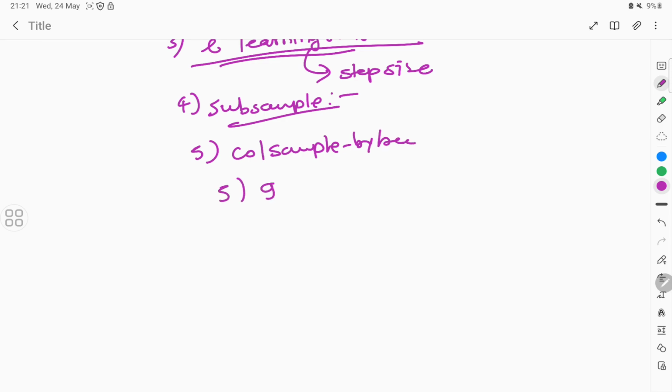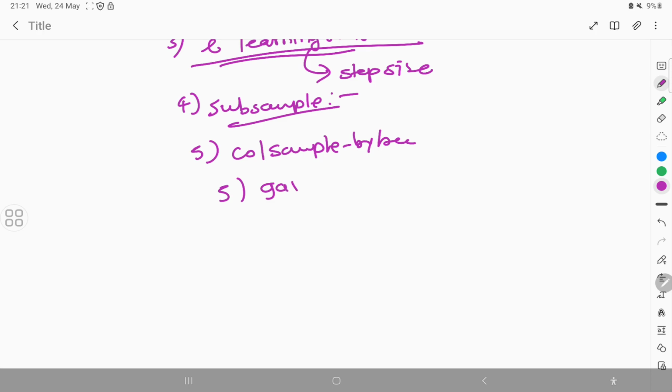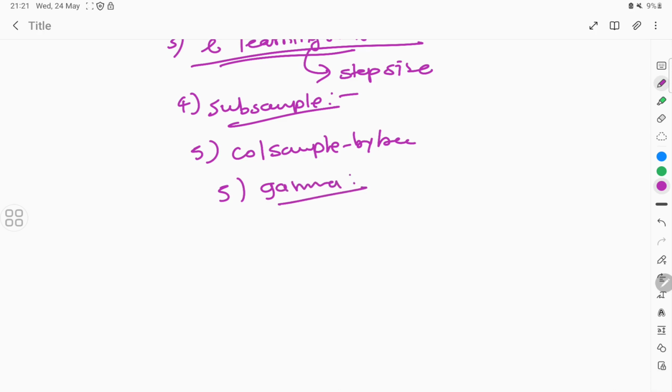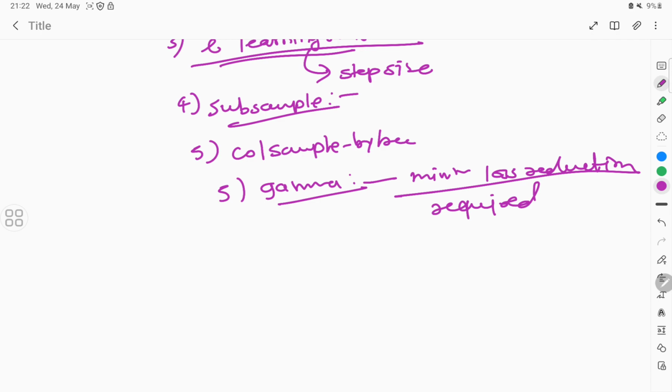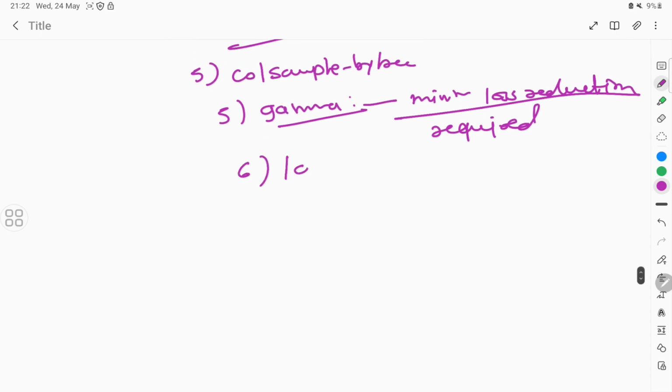Then there is gamma, you should also remember that. It specifies the minimum loss reduction required to make a further partition of the node. Minimum loss reduction required, and based on that splitting happens. That's gamma. Then lambda, this is the L2 regularization, which is ridge.